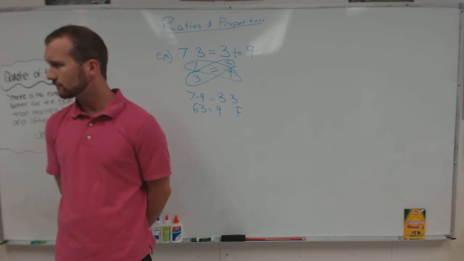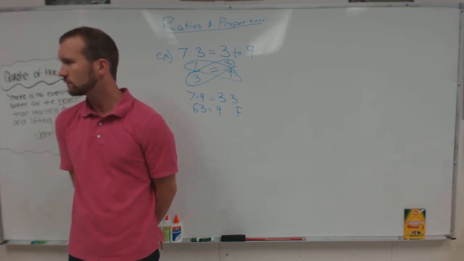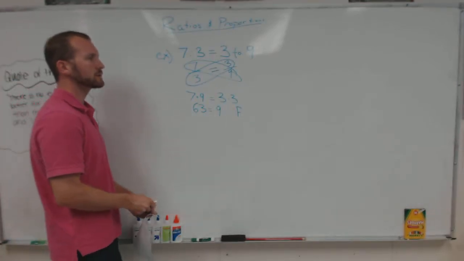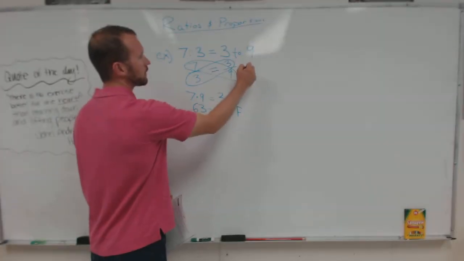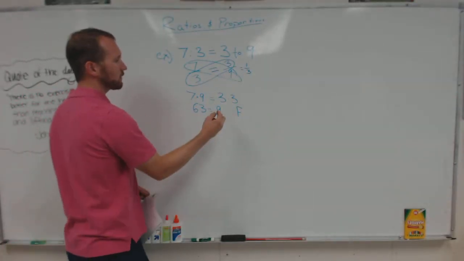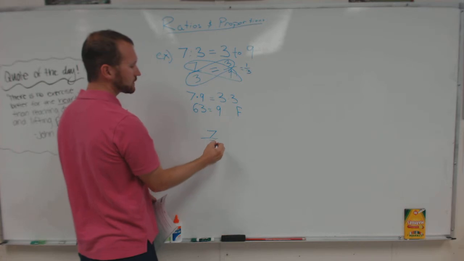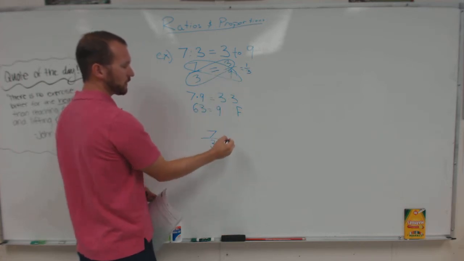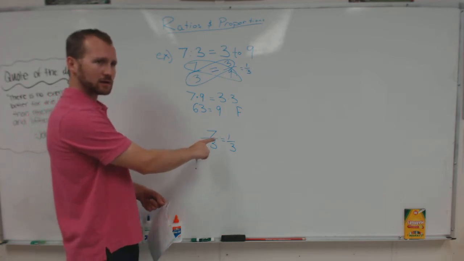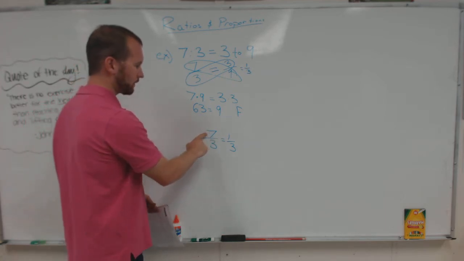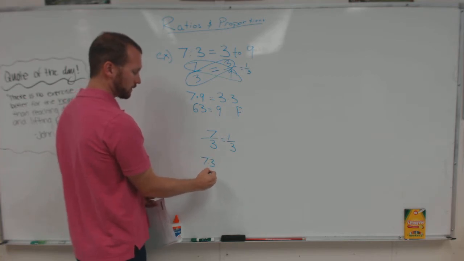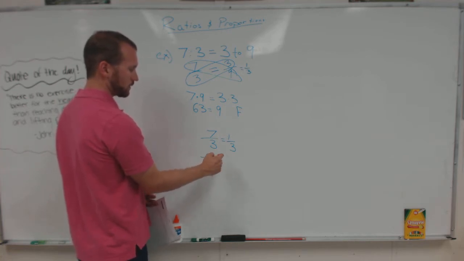If we reduce the 3 over 9, would it be 1/3? Yes. If you had reduced this, that's really good. It would have been 1/3. Would it make the answer different? Let's check. So if we had 7/3 equals, instead of 3/9, if we had 1/3, would this make the answer different? Andrea, do you want to tell me how to cross multiply this one? Okay, so 7 times 3 is 21. And then 3 times 1 is 3.